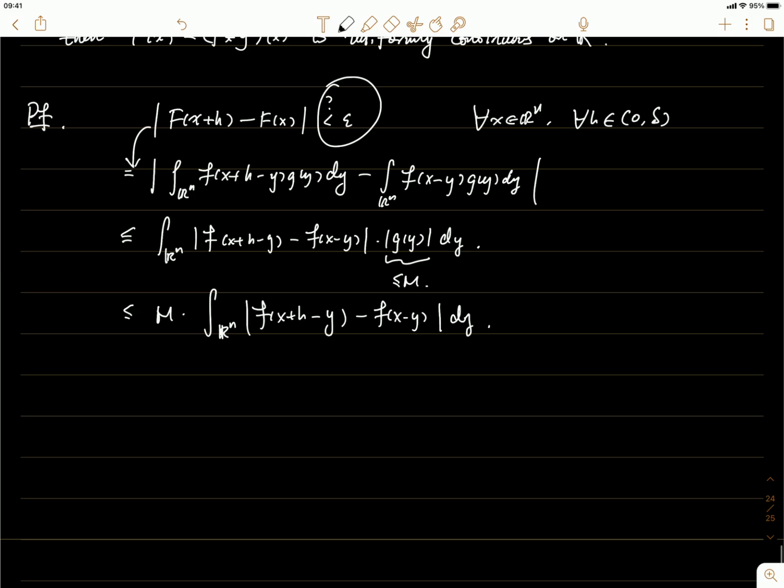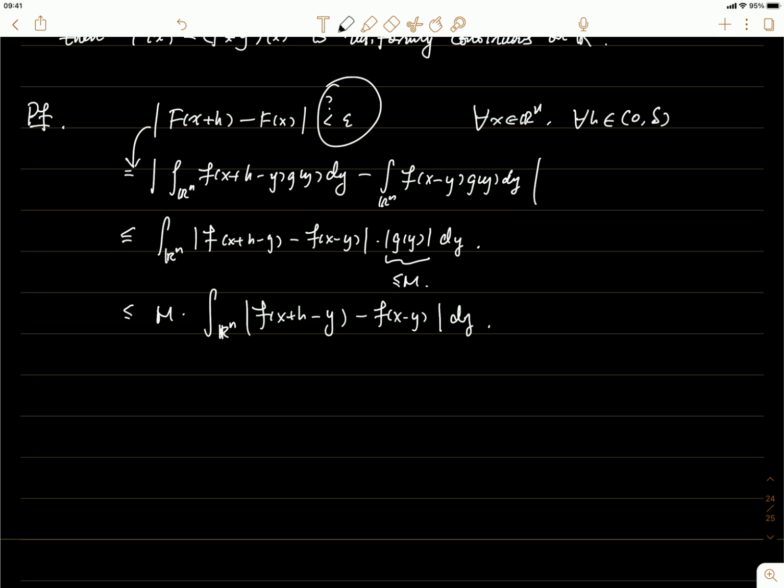And then we see something familiar, right? Because this doesn't depend on x, because y is ranging over all points in R^n. So the x doesn't really matter. What really matters is only the h. But when h is small, we know that the integral has this continuity.